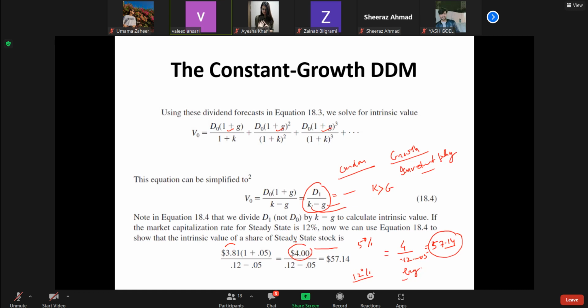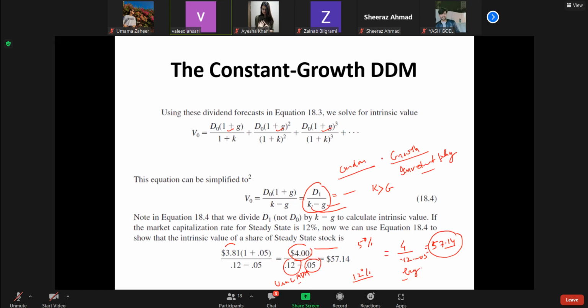This factor, that is the capitalization rate, we can find out via CAPM. CAPM can tell us what the rate should be. Growth we can find out from the history of the dividend, if the company is there, what has been the growth.